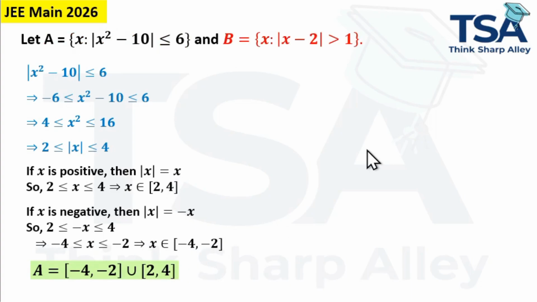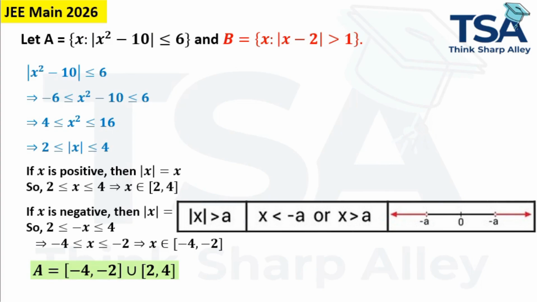Next up is set B. Now looking back at our roadmap, we use 8th property. This property is for values greater than, which means the solutions are pushed away from the center into two separate wings. So let's apply it to our expression. So in place of x, I have x minus 2.